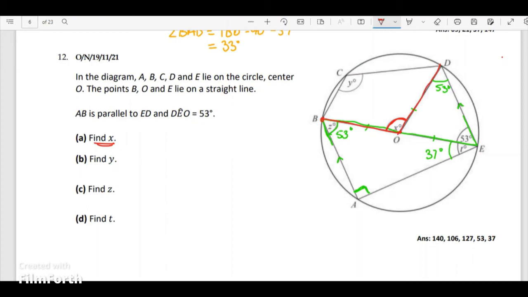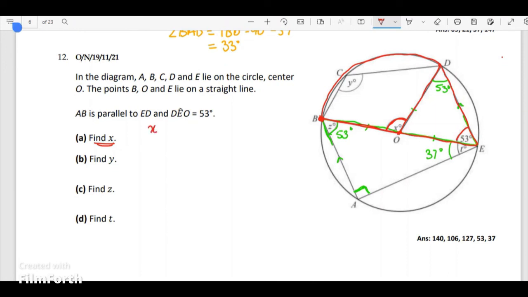Let's make it very clear, this arc BCD. Let's see if any other angle in this diagram is coming from these same two origins, B and D. The B line is extended to here, and the D line is coming here as well, and this angle is 53 degrees. So the property that the angle at the center is twice the angle at the circumference can be applied, because both of these angles are coming from the same arc, BCD.